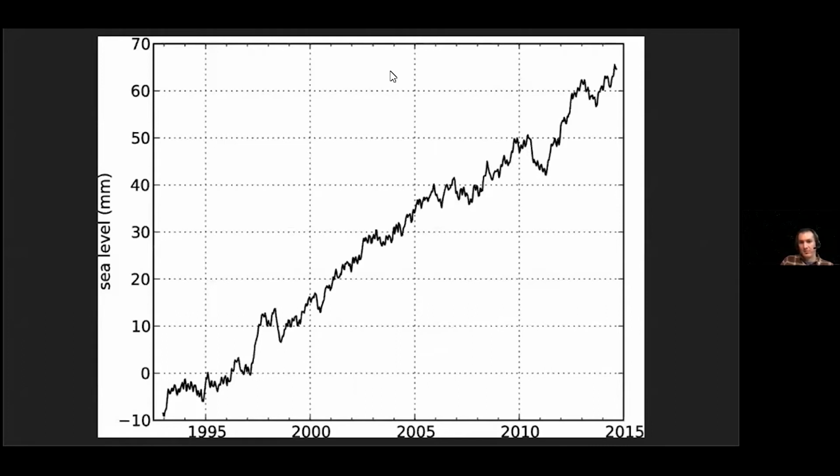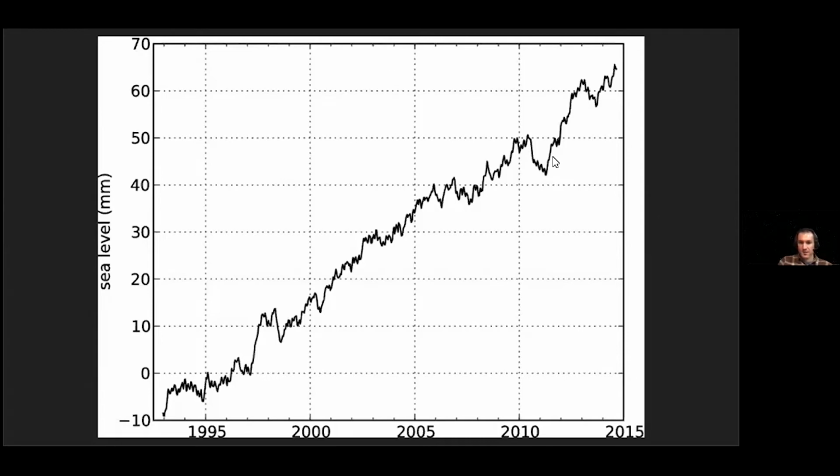And that's indeed what we've been measuring from both surface and satellite data collection. This is taking us from 1993 through the present. Depending on which exact years you look at on this figure, from 1993 to 2010, the annual rate of sea level increase was a little bit more than 3 millimeters per year.